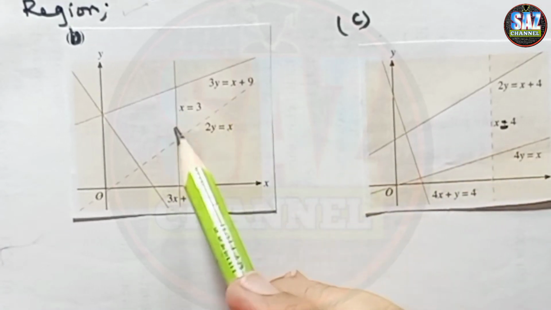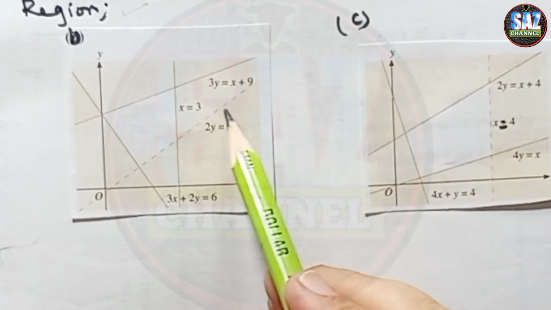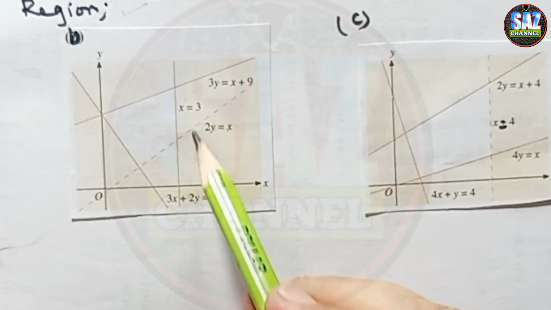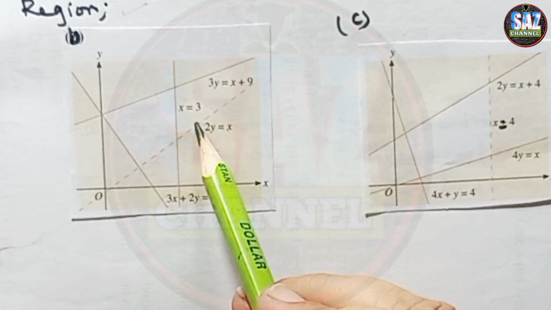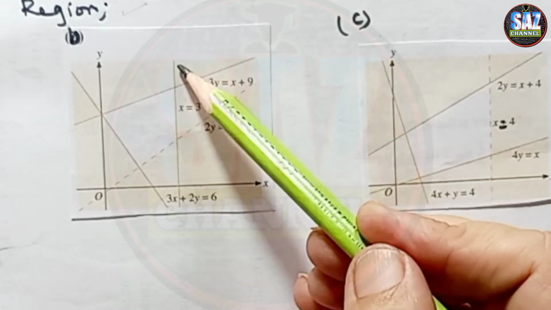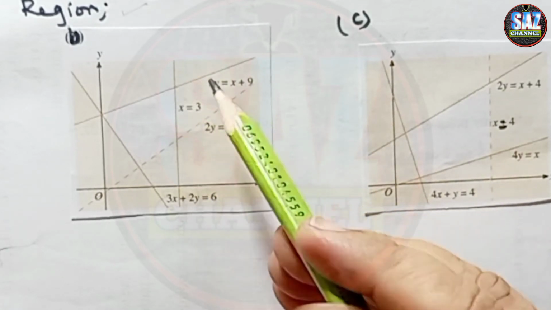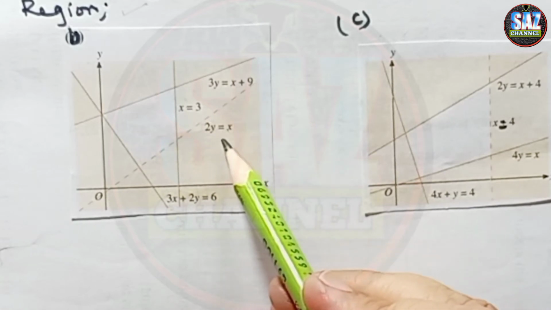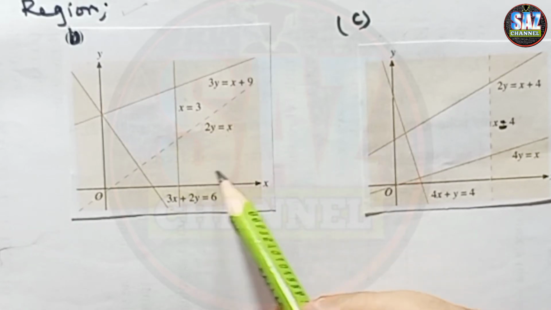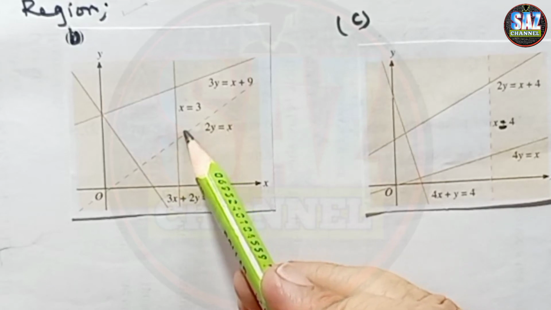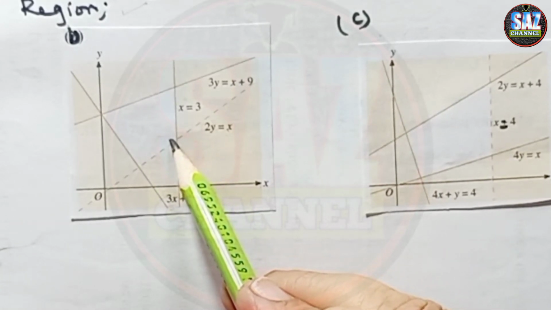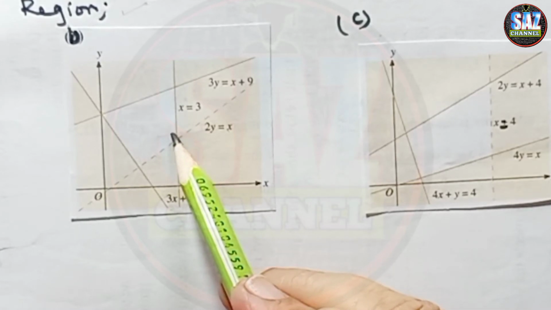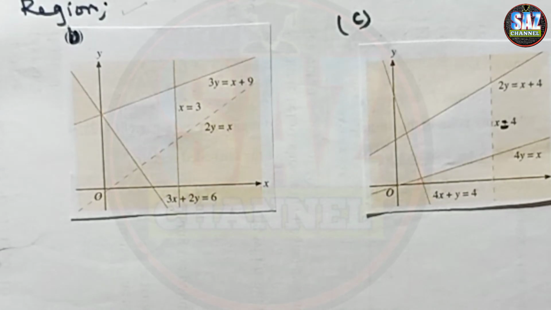If we look at the graph carefully, I have to go slow because this is one of the important concepts, and some of my students find difficulty in understanding it. For x equals 3, the shading is towards the right of this line, and the unshaded, required region is towards the left of this line.